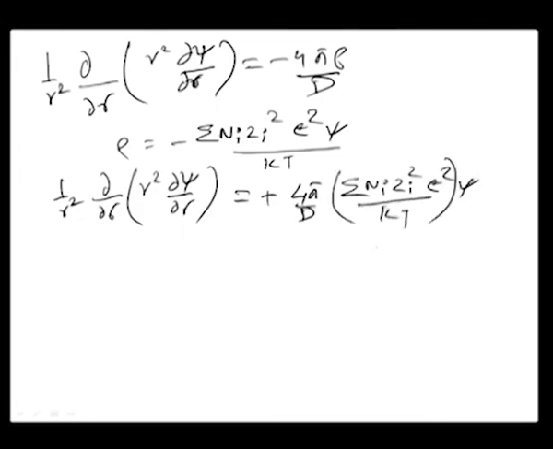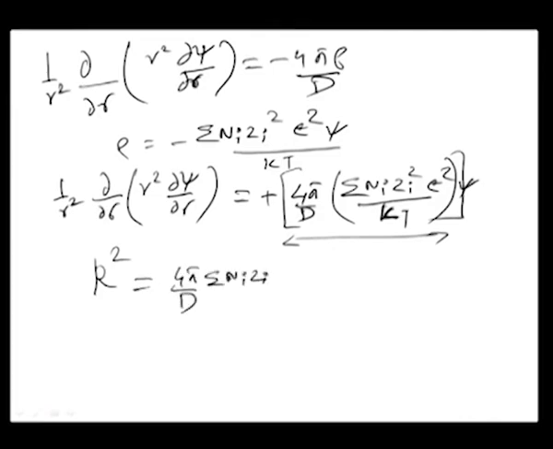If you take this portion standalone and consider this to be square of small k, the capital K here is the Boltzmann constant, so we will not go into that. The small k square can be represented as 4 pi by d sigma n i z i square epsilon square by Boltzmann's constant K times T.